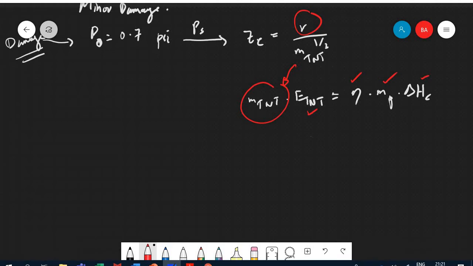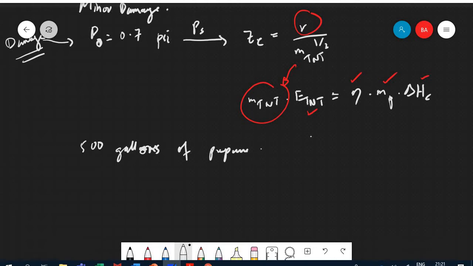Great. So I'm going to start by putting down the information that I have. I have 500 gallons of propane. There's a lot of unit conversion here that we need.